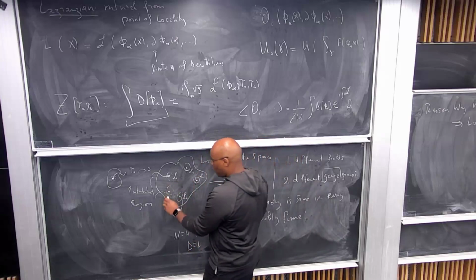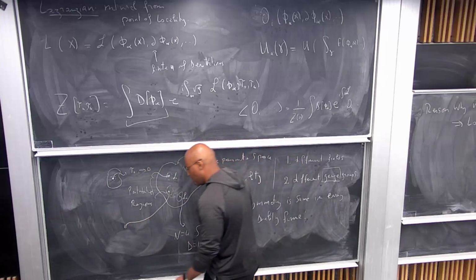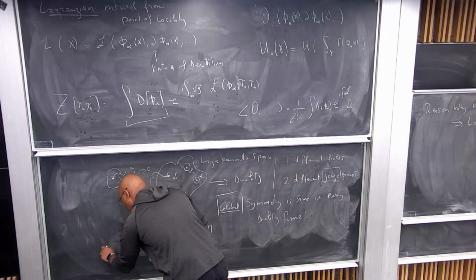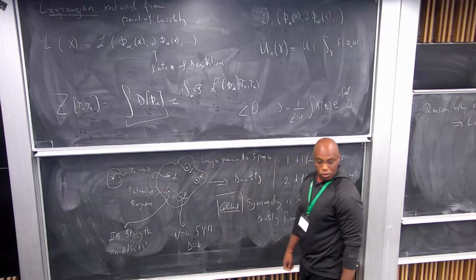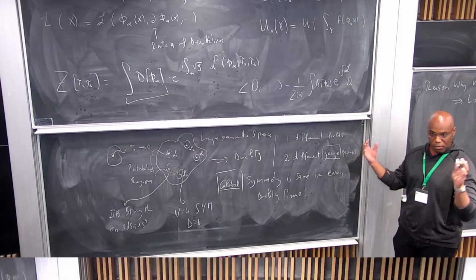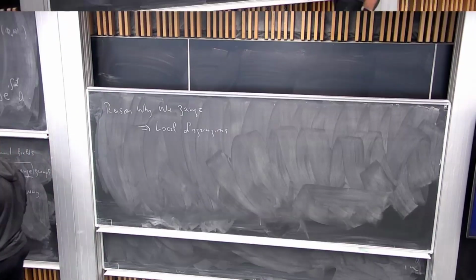At a different point here, what you end up getting is what we would call type 2B string theory on AdS5 times F5. So this is to sort of highlight the maximally messed up version of this, where I take N equal to 4 super Yang-Mills.